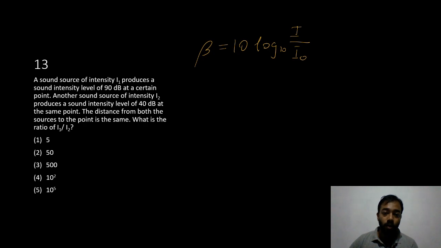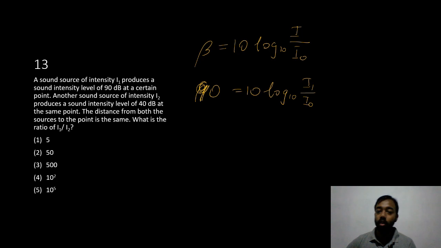So here you can write beta first as 90 decibels, that is equal to 10 times log10 of I1 over I0. Then at the same point another sound source of intensity I2 produces an intensity level of 40 decibels, so you can write 40 is equal to 10 log10 of I2 over I0.